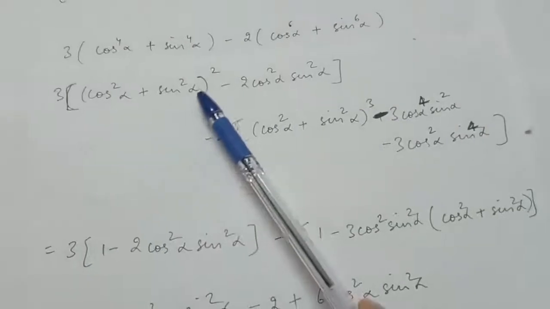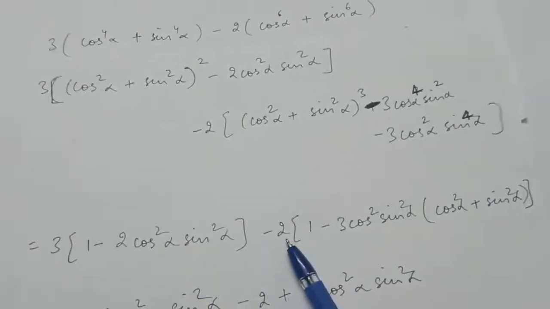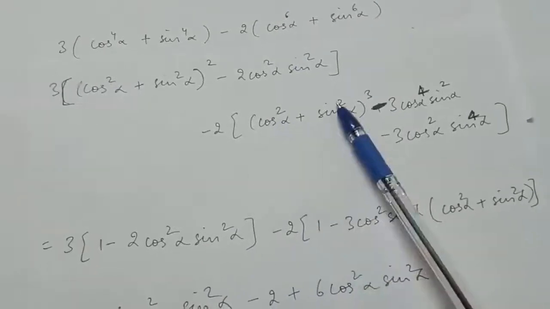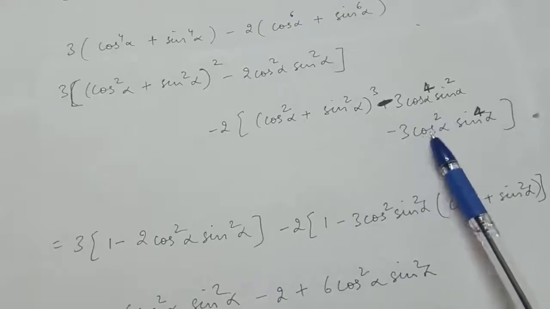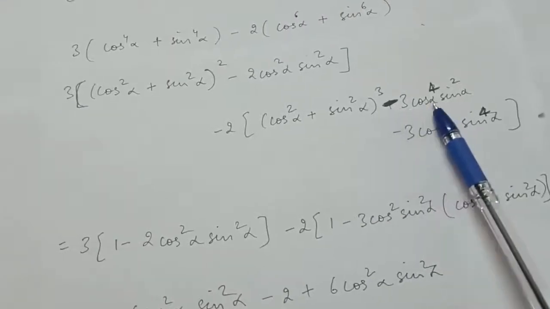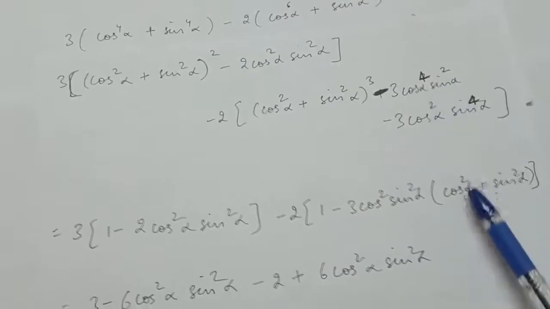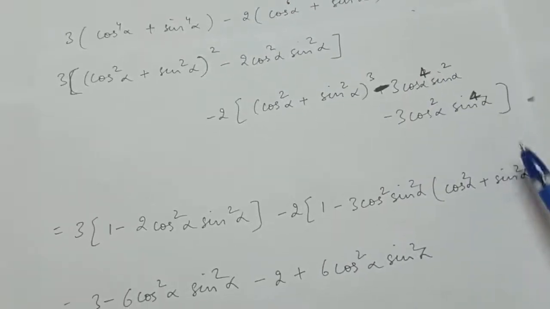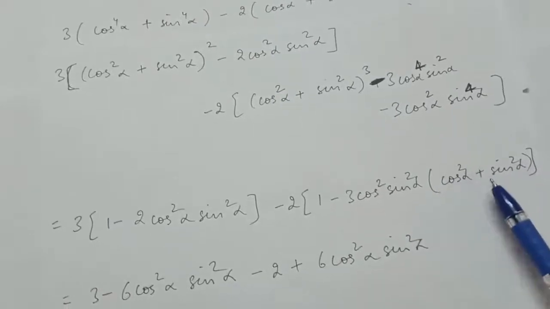Now this will become 1, 1 square will be 1, minus the same term. Now minus 2, this will become 1 cube, which is 1, minus; from both of these terms I am taking minus 3 cos square alpha into sin square alpha common. So from here cos square alpha will be left, plus from here sin square alpha will be left. Now this again we know is equal to 1.